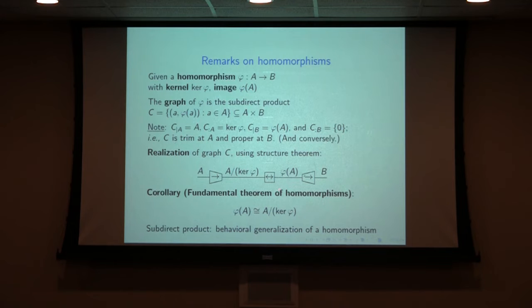And according to the structure theorem, these two things are isomorphic, which is in fact the fundamental theorem of homomorphisms. So this is in fact a corollary of the more general theorem that I gave you earlier, and I hope you were impressed, because anytime you can get the fundamental theorem of homomorphisms as a corollary, you're having a good day.